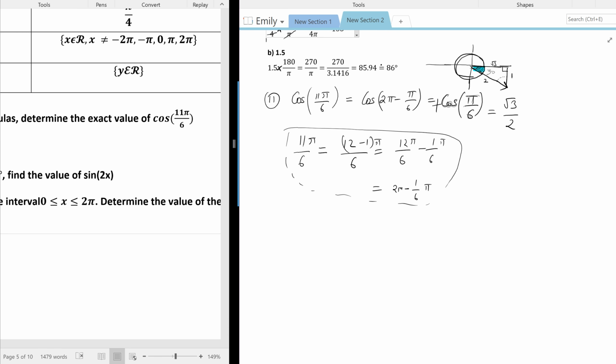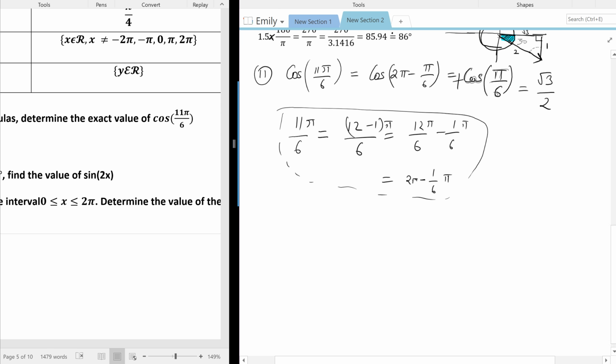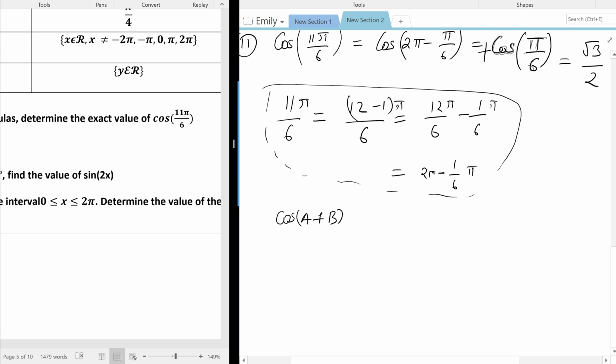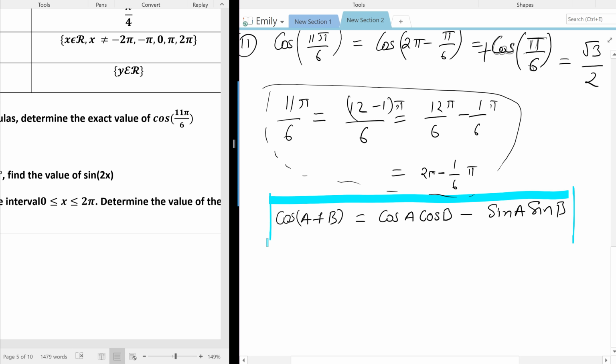Let me write down the formula for that. According to the formula, cos(A plus B) equals cos A cos B minus sine A sine B. You can use this formula if you want to. Substitute the values. Now what is my A?